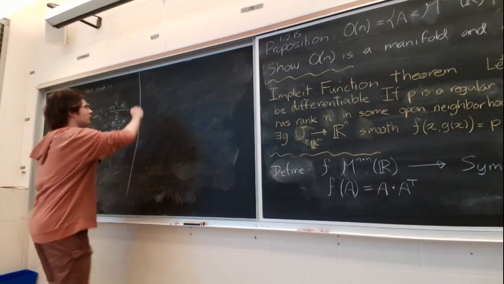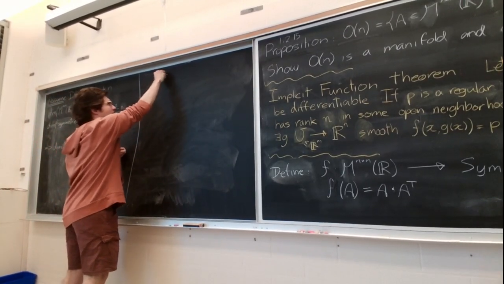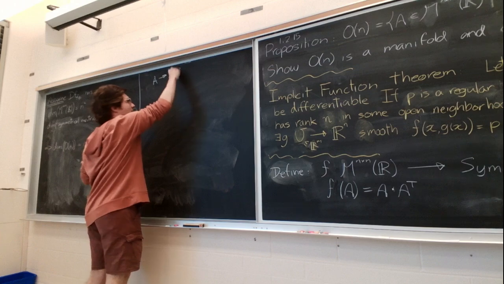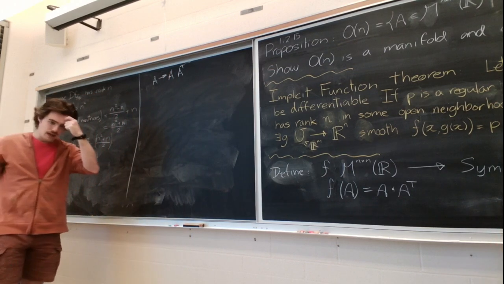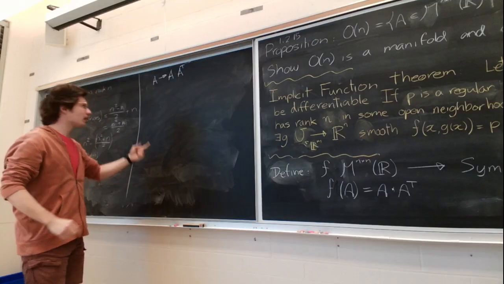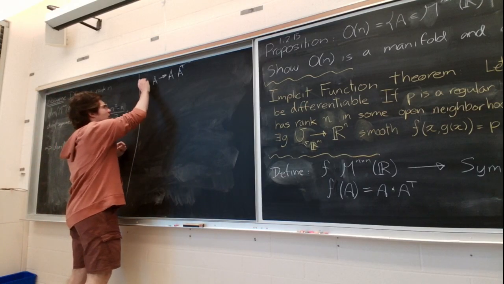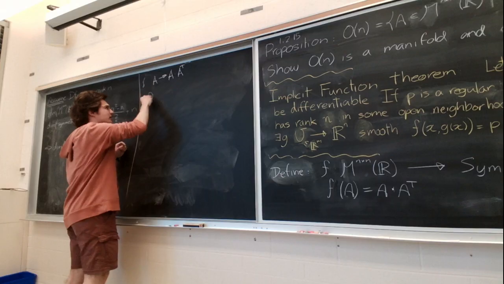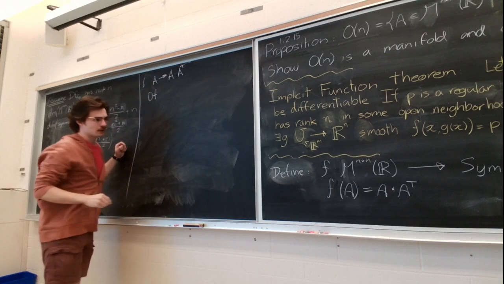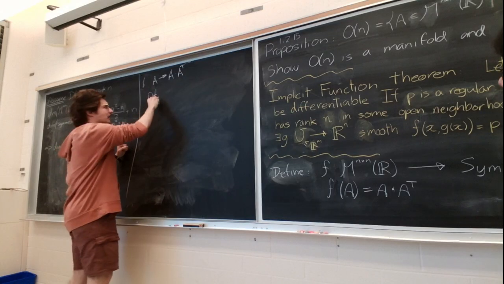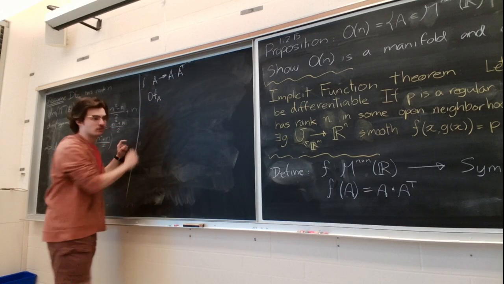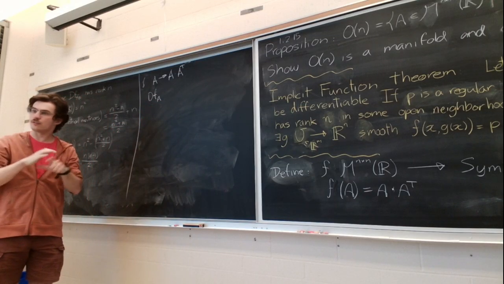So what do we want to do? We have this map, A sends to A times A transpose. Do you agree? So this is F, and I want to show that DF at a matrix in ON has full rank.